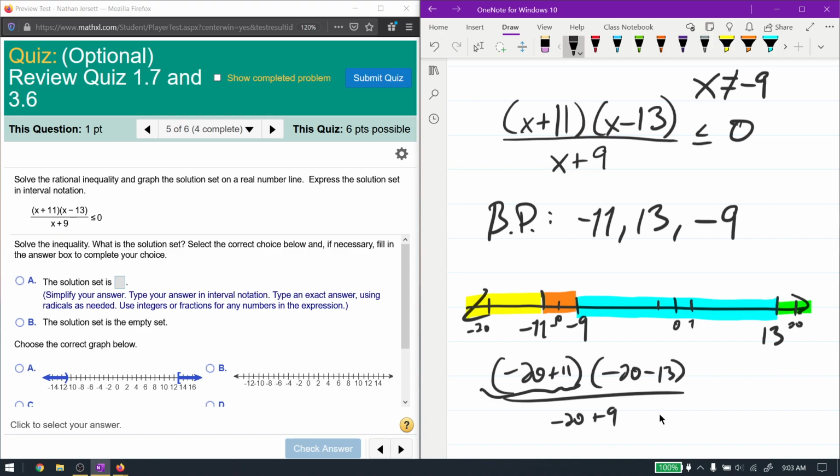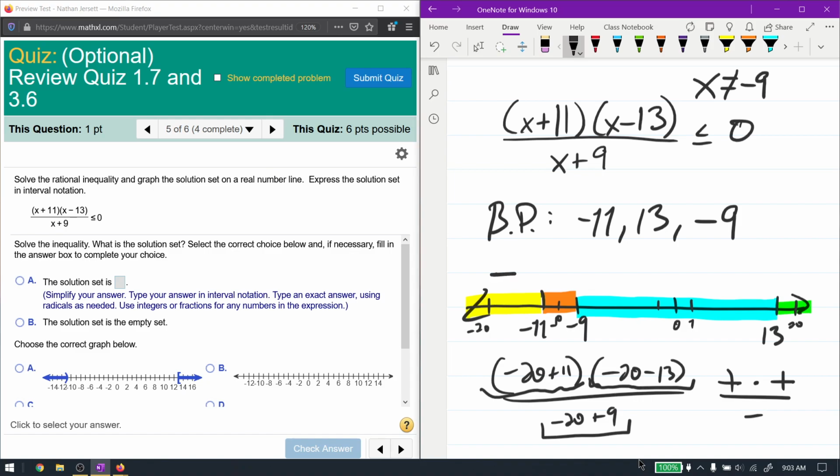This portion is going to be negative. Negative 20 plus 11 is negative 9. This is going to be negative as well. And this is also going to be negative. So we have a negative times a negative divided by a negative. Negative times negative is positive, and positive divided by negative is negative.